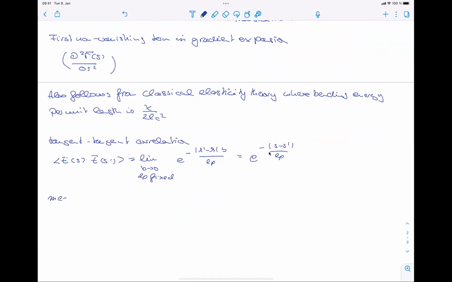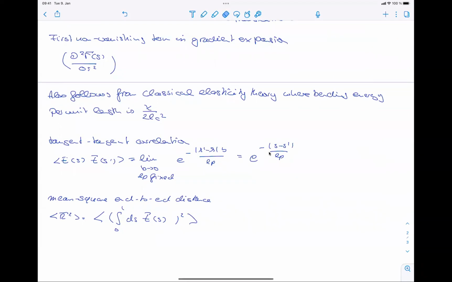And similarly, the mean square end-to-end distance, which is now in this continuous description much easier to calculate because we don't have sums and geometric sums to deal with, but just this integral over space.